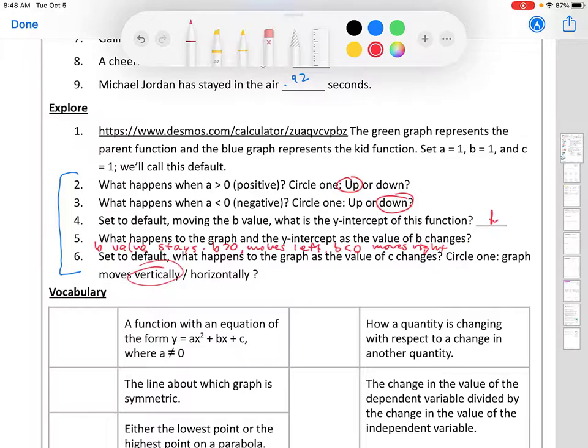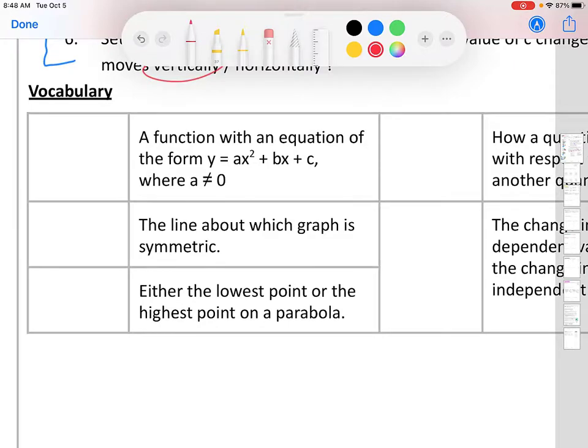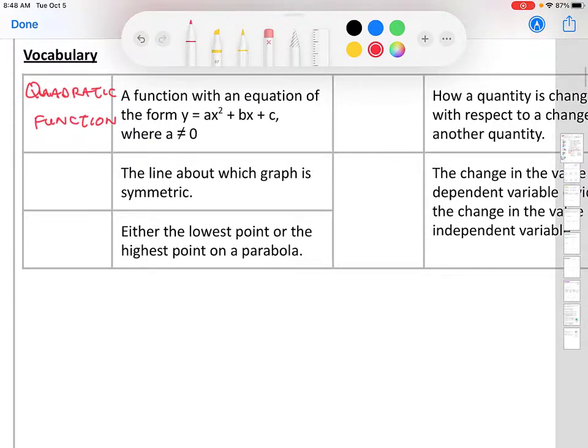All right, we just went over the Explore. Let's go ahead and go over some vocab. A function with an equation of the form y equals ax squared plus bx plus c, where a is not equal to 0, is called a quadratic function. Let's draw a graph here, that might help.